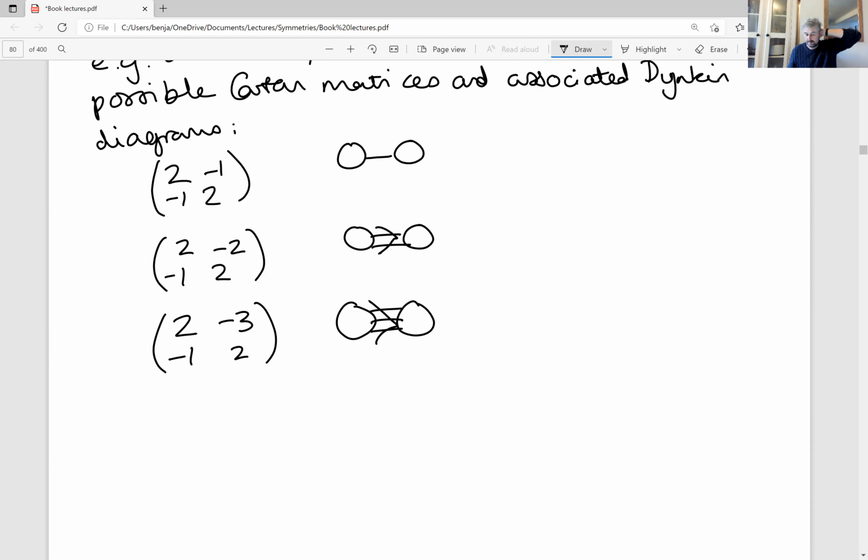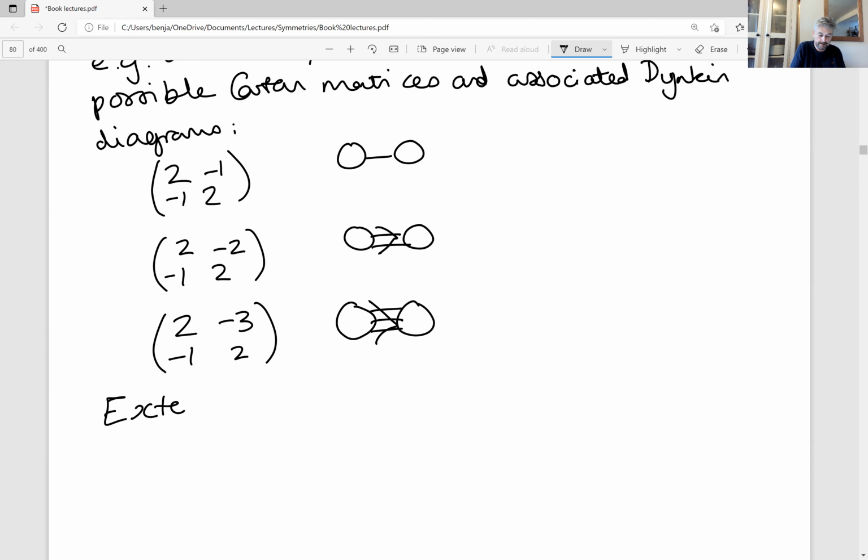All right, so in order to prove the Cartan classification theorem, you basically extend all of these arguments about the possible forms for the Cartan matrix. But we also extend to the semi-simple case.